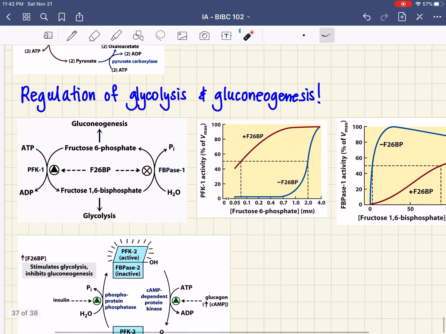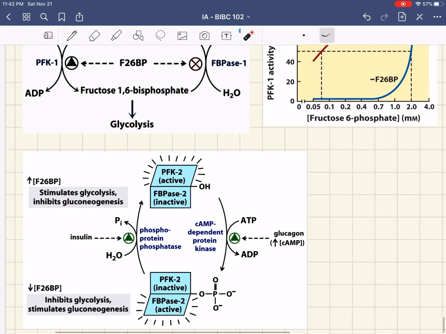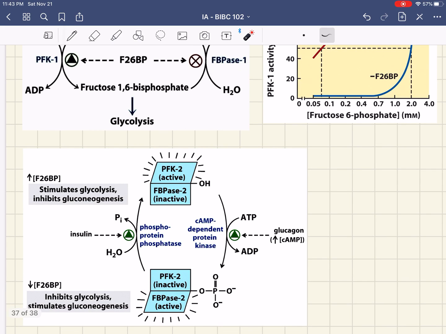Okay, and let's talk about how exactly these two enzymes work in terms of their activation and inhibition. So when PFK2 and fructose bisphosphatase 2 are not phosphorylated, then this state of this enzyme favors PFK2 activity.